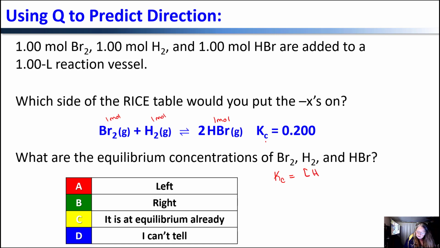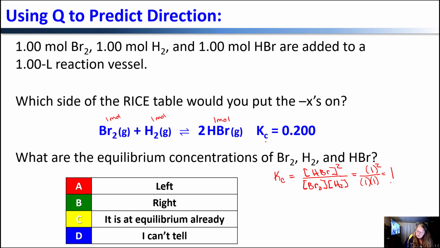I'll have HBr squared divided by Br2 and H2. This is 1 mole of each per liter, so everything is 1 molar. So I'll have 1 squared divided by 1 times 1, which is otherwise known as 1.